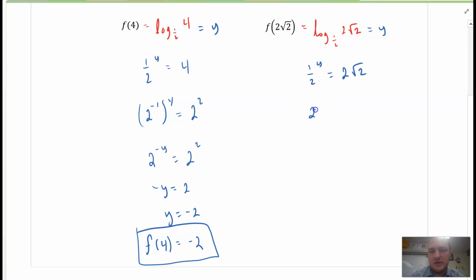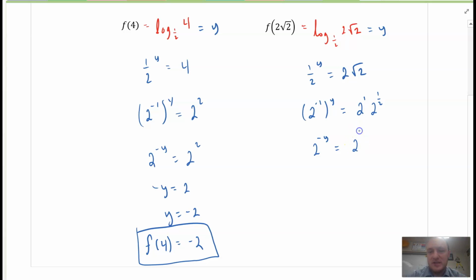On the left side, we'll use the same trick that we did in the first example. So 2 to the power of negative 1, to the power of y, is equal to, and on this side, I'm going to rewrite this. This is 2 to the first, and instead of root 2, I'm going to rewrite this as 2 to the power of 1/2. I have a power to a power on the left side, so that's 2 to the power of negative y. And on the right side, I am multiplying bases that are the same, so we add the exponents.